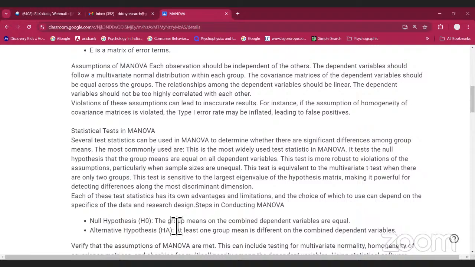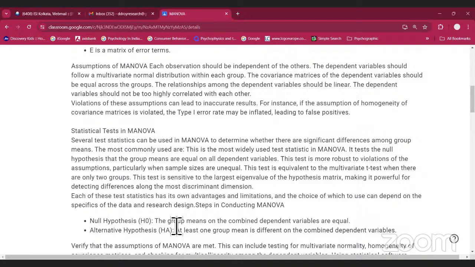Next. This test is more robust to violations of the assumptions, particularly when sample sizes are unequal. When sample sizes are unequal, at that time this violation occurs.